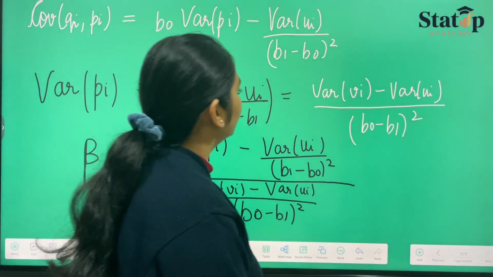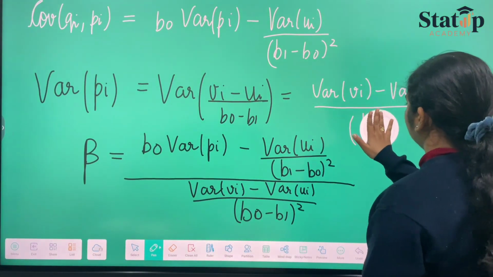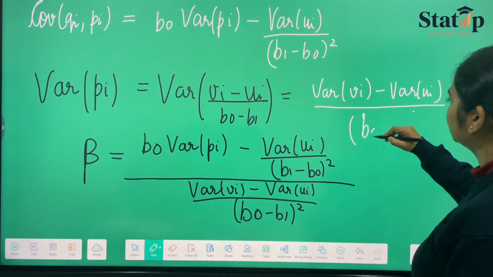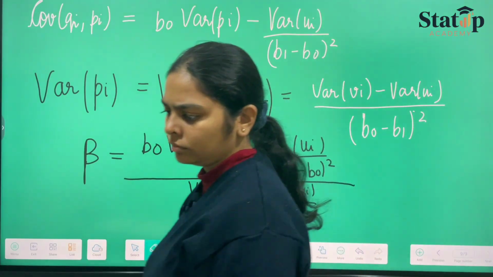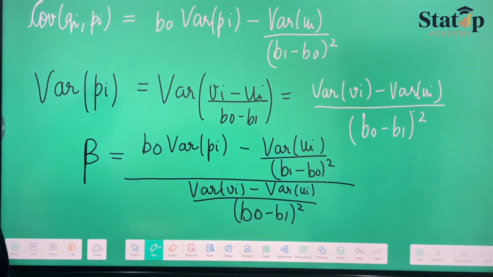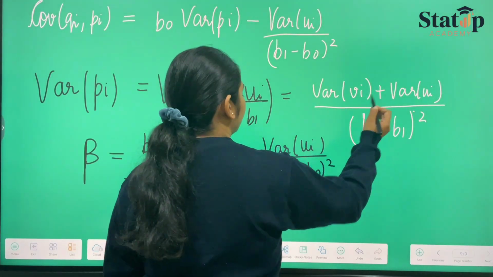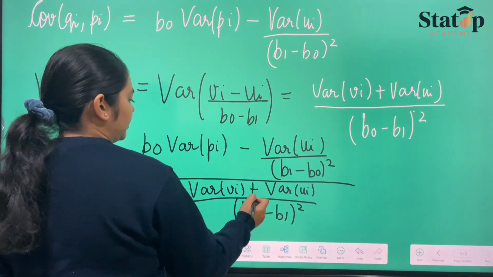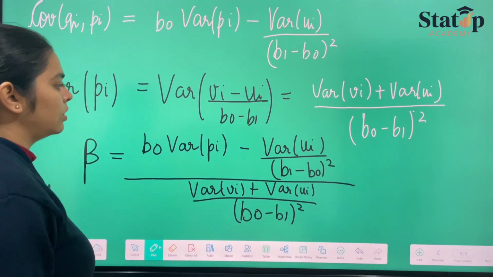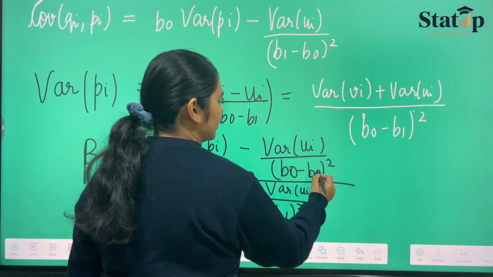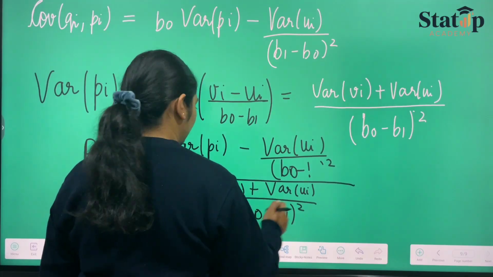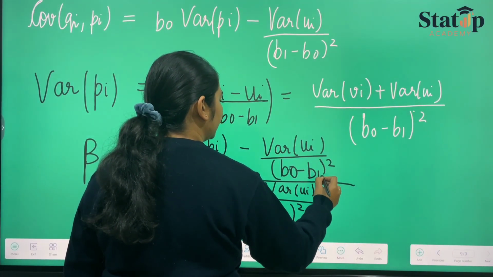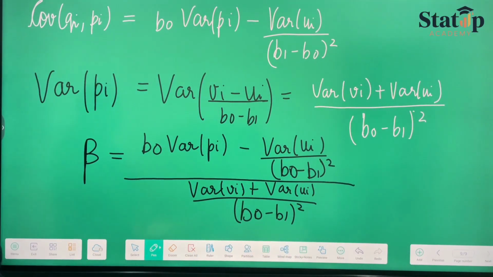Here also it is B0 minus B1 only, and this will be plus because variance has plus.